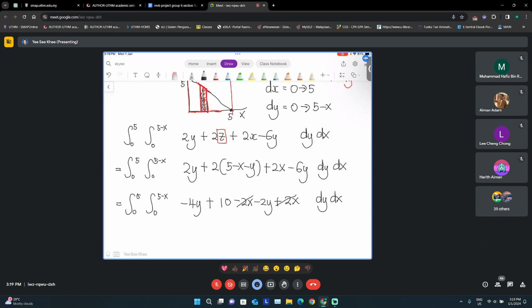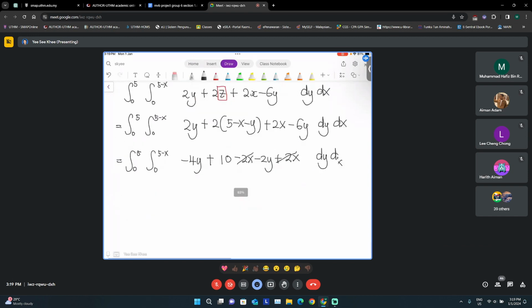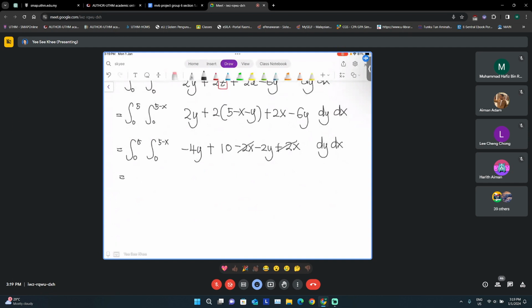So it will be minus 6y plus 10, dy dx. Okay, so finally we can start to integrate with respect to y.